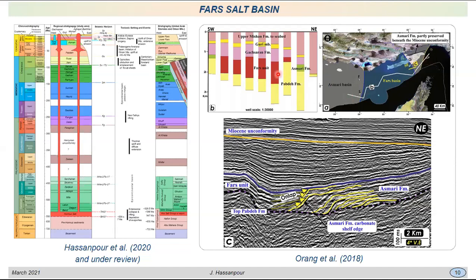As you can see, the thickest part of the Fars Salt is in the center of the basin, and it gets thinner toward both east and west, and eventually it shows a facies change to the Asmari carbonates. And this seismic line also shows the boundary between the Fars Salt, which is evaporite, and the Asmari Formation, which is carbonate.